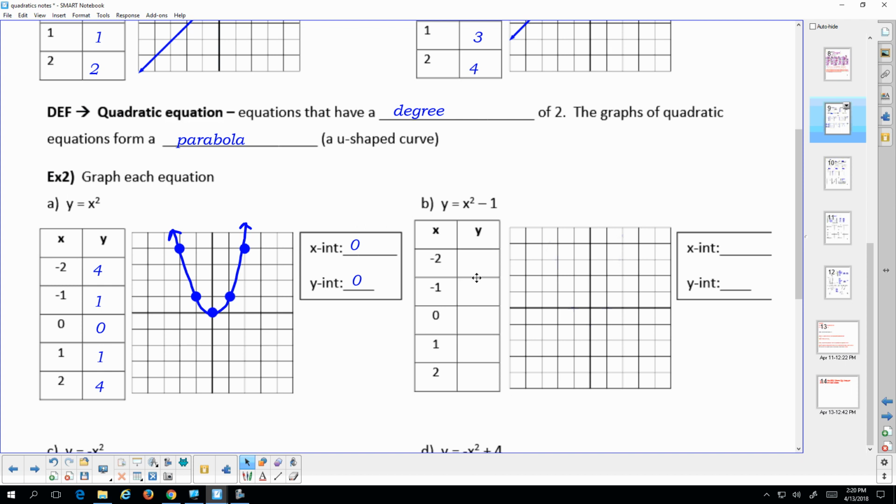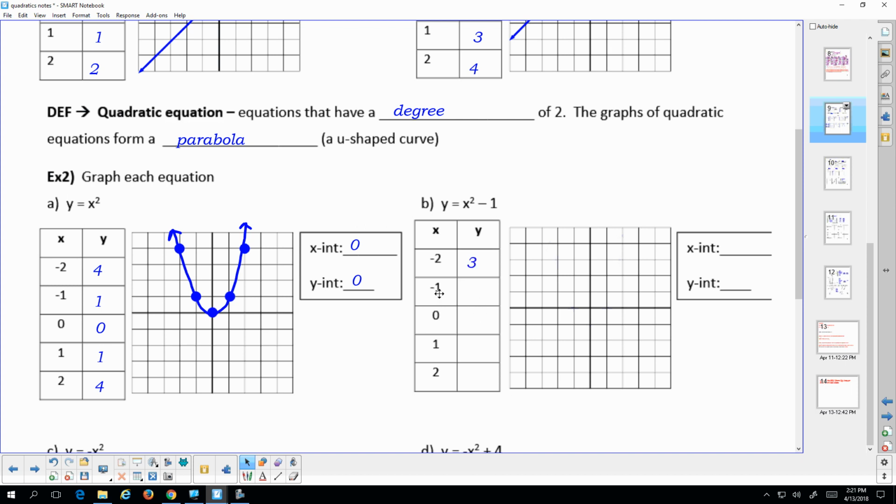Now for B, it's x squared minus 1. So B is just like A, but the only difference is once we get x squared, we're going to subtract 1. And I'm using the same x value, so actually I'm going to use this table over here to help me. This is already x squared. X squared is done. I just got to subtract 1. So if I do -2 squared, that gave me 4. 4 minus 1 is going to give me 3.